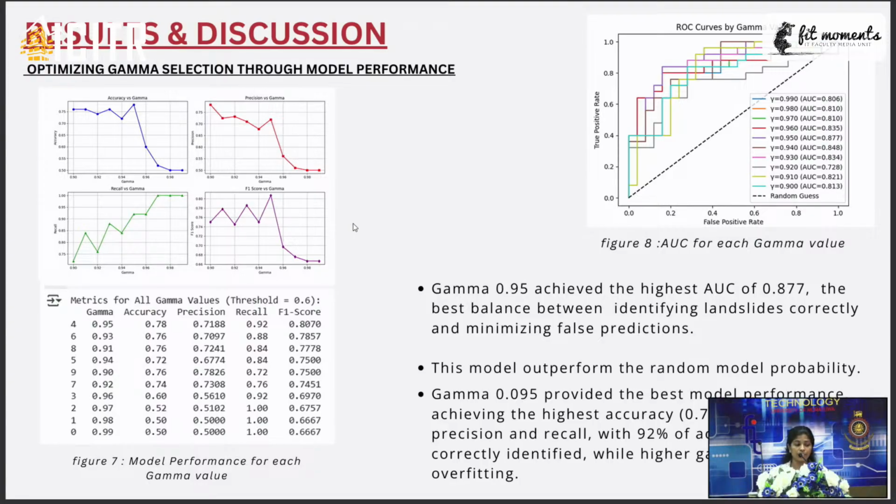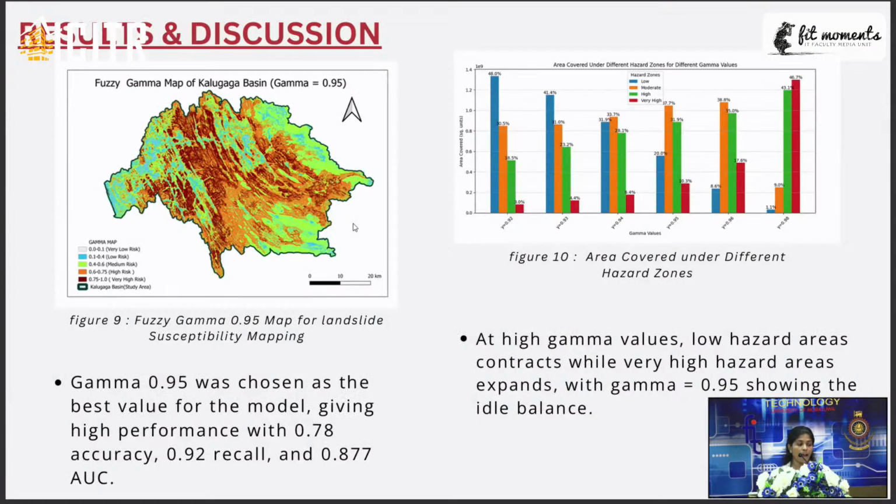There, I achieved a high AUC of 0.877 and an accuracy of 0.78. It also has a recall of 98%, where the model can correctly identify 98% of landslides.